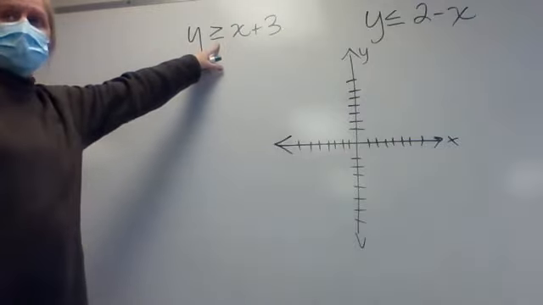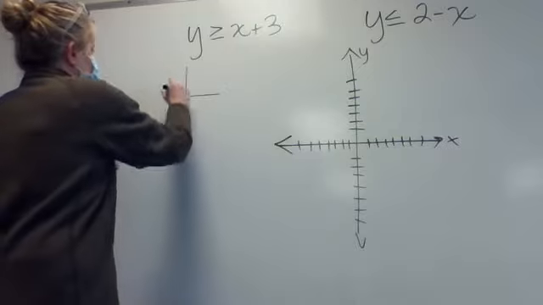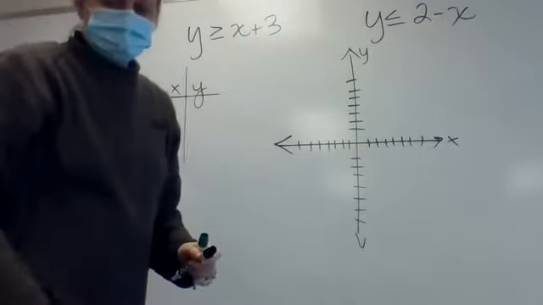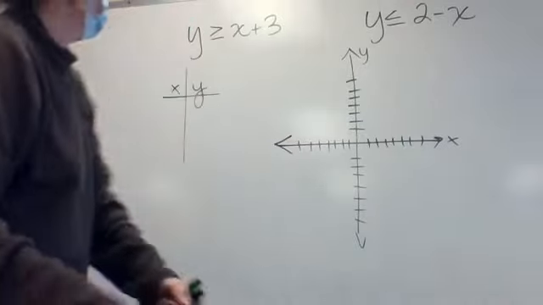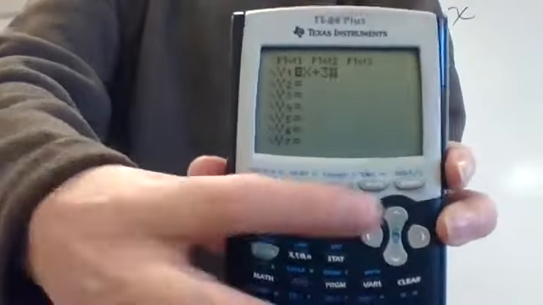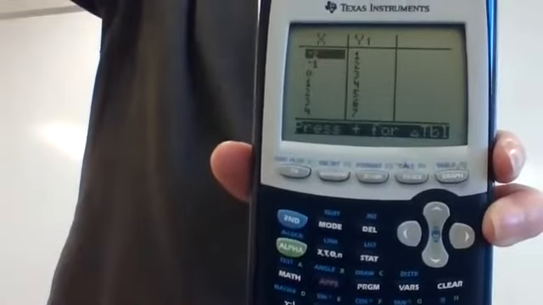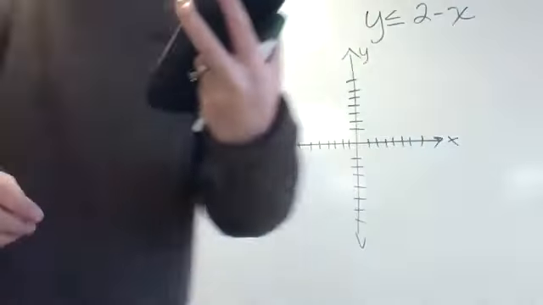So I'm going to put this in y equals and get 2 points. So y equals x plus 3. And then hit second graph. Pick 2 points.